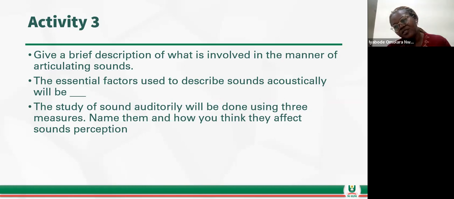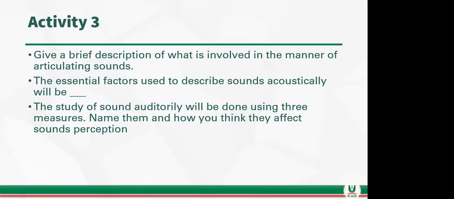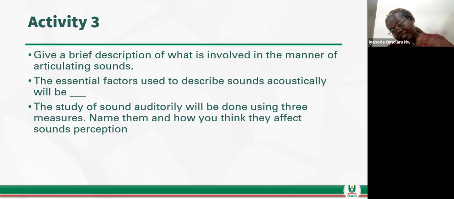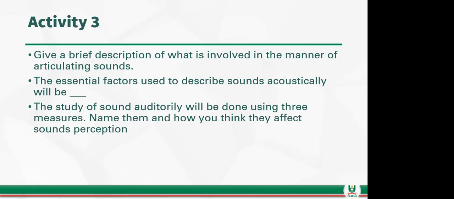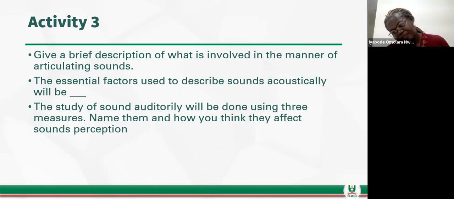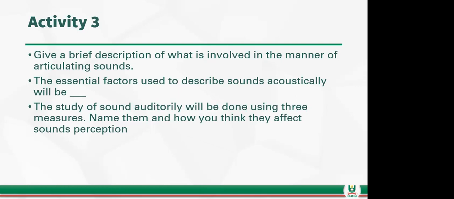Now, Onyechi, you want to add something? Yes, ma'am. I want to talk about the manner of articulating vowel sounds. Now, I have three things there. You are talking on only one. Oh, yeah, go on now. Tell us. I want to talk about vowel sounds, ma. When we talk about the manner of articulating vowel sounds, the lips may be round, neutral, or spread.